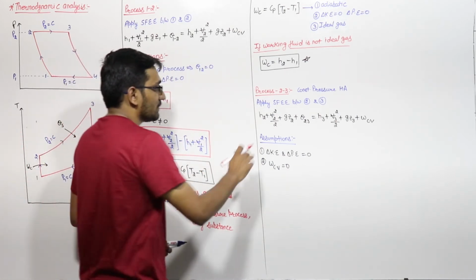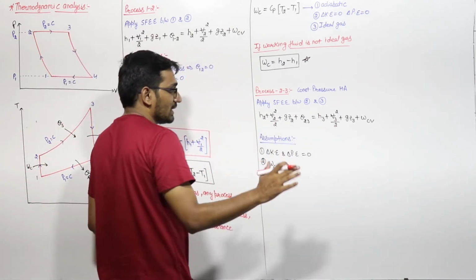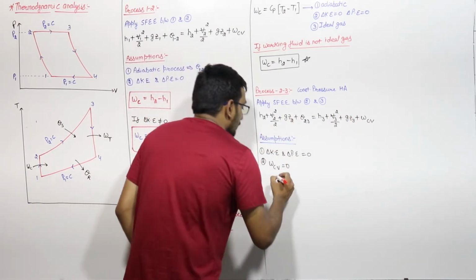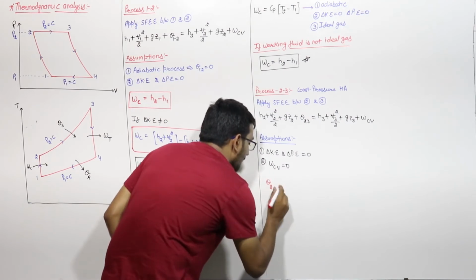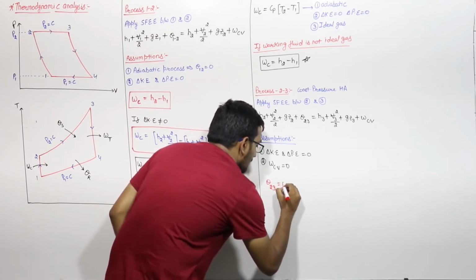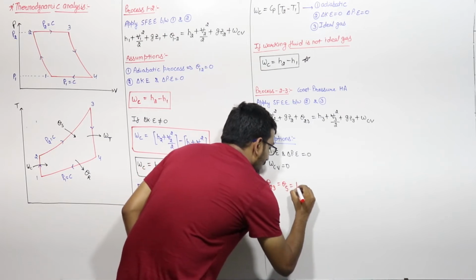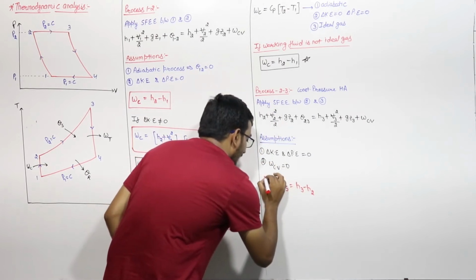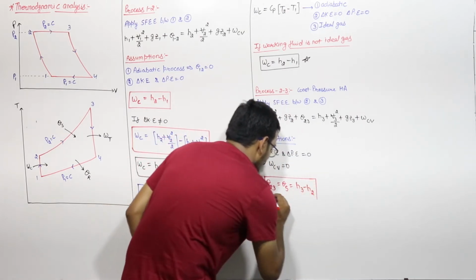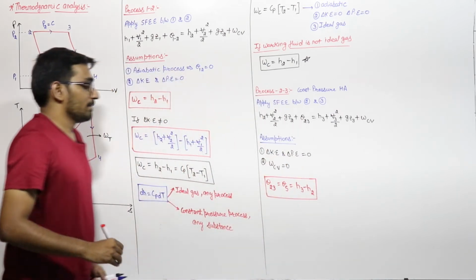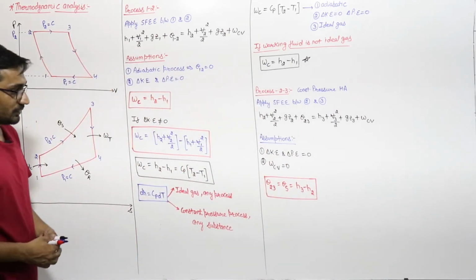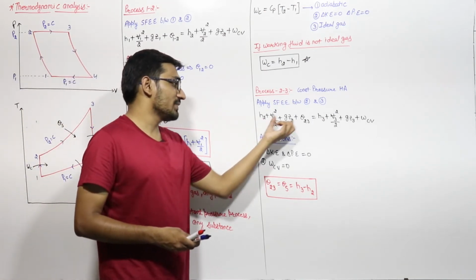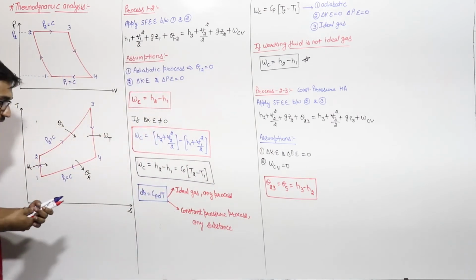So from here, if V2 square by 2 minus V3 square by 2 is 0, GZ2 minus GZ3 is 0, WCV is 0, you can write heat supply to the system, that is Q23, equal to H3 minus H2. H3 minus H2, right? And if velocity values are given, then you have to consider V2 square by 2 and V3 square by 2 also.